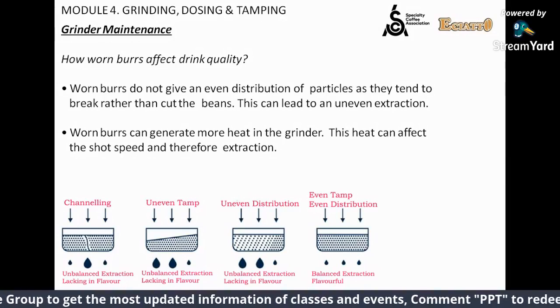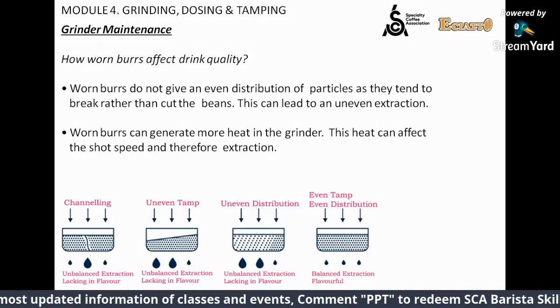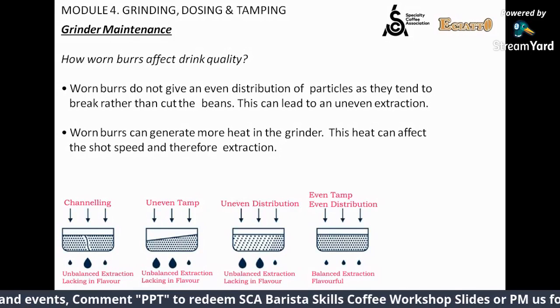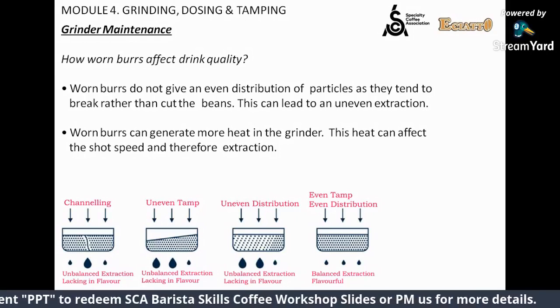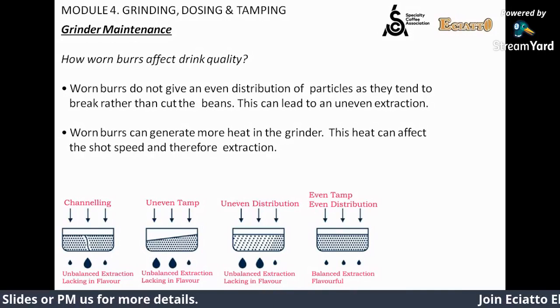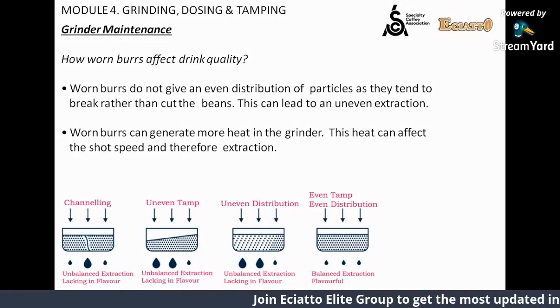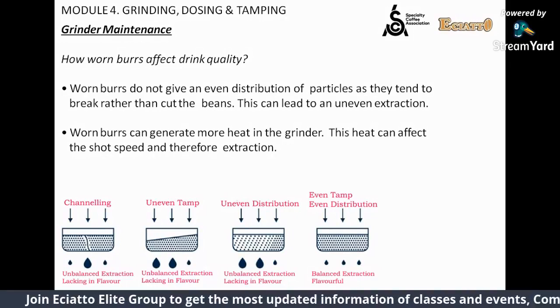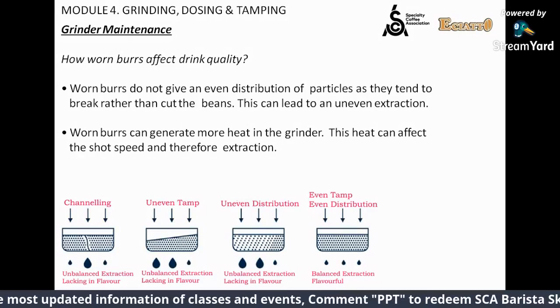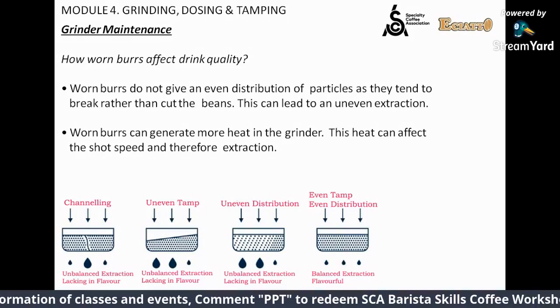You have big, small and medium, so you are mixing all those different sizes in the pot, which leads to uneven extraction. That means you are not fully extracting your coffee powder. This also generates a lot of heat, and heat changes your coffees, so every cup you try has a different taste and a different profile.